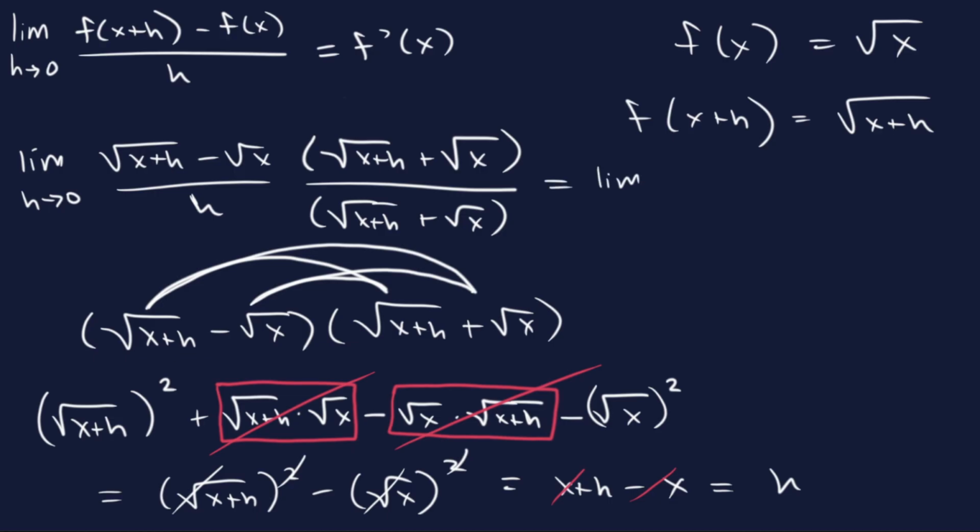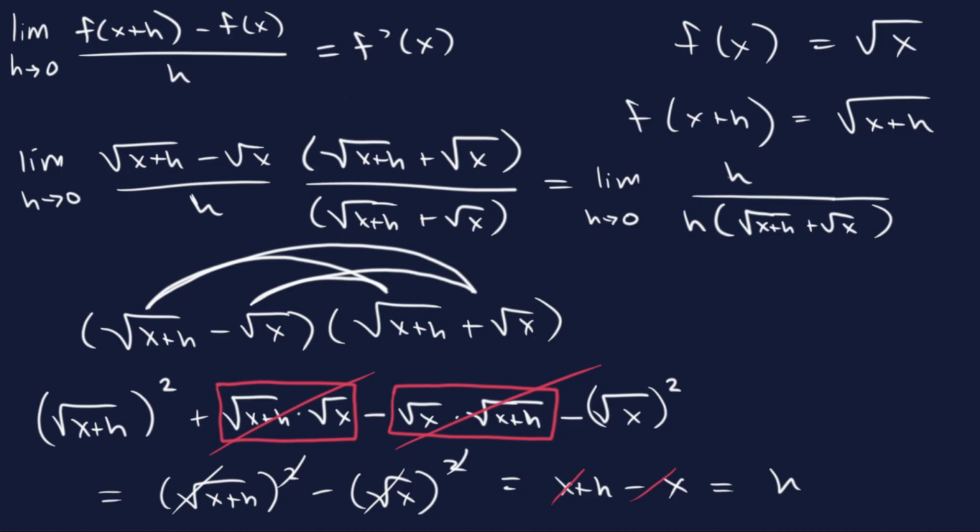So we have the limit as h approaches 0 of h over, and how are we going to deal with the bottom now? How I would recommend that you approach this is just to keep the h unfactored on the bottom. So just write it as h times, and then all of this stuff, the square root of x plus h plus the square root of x.